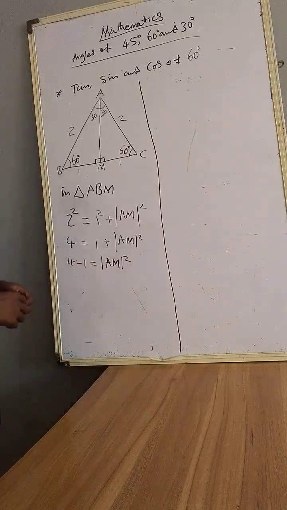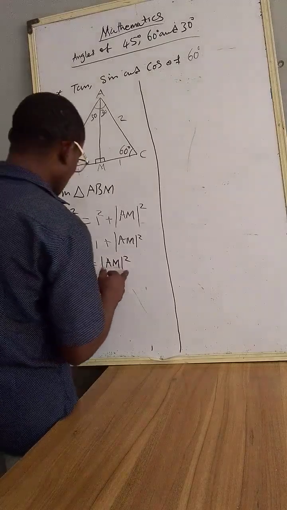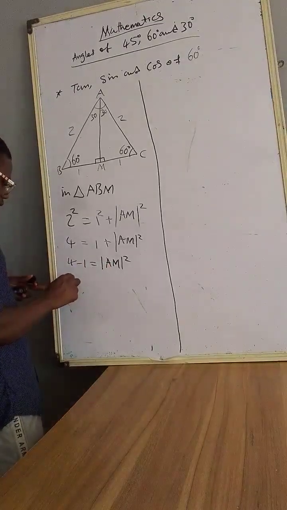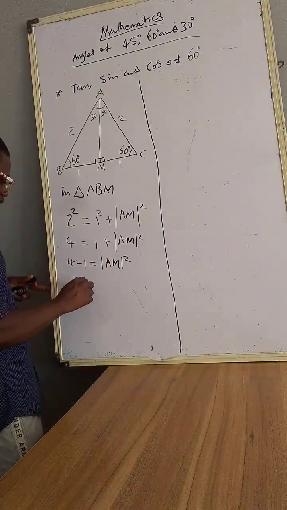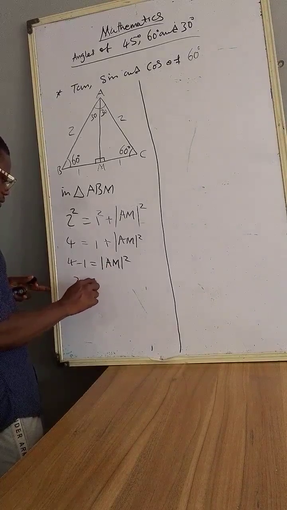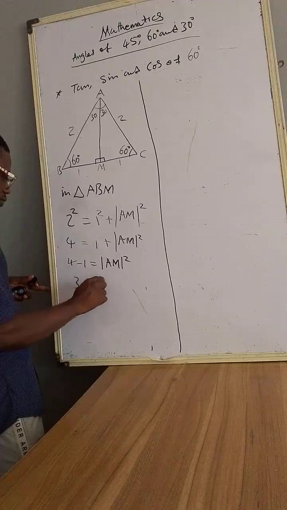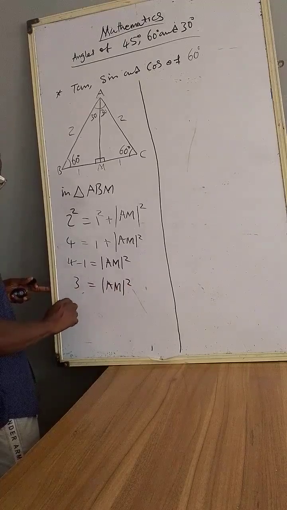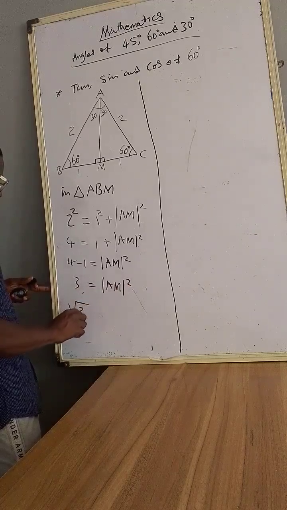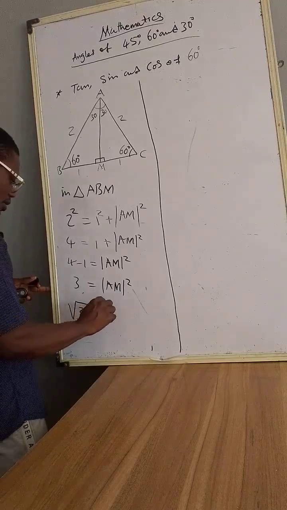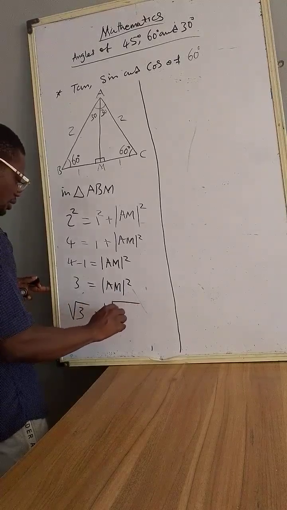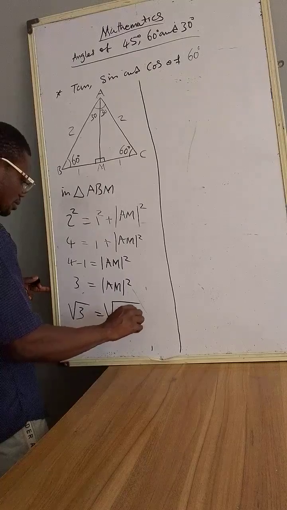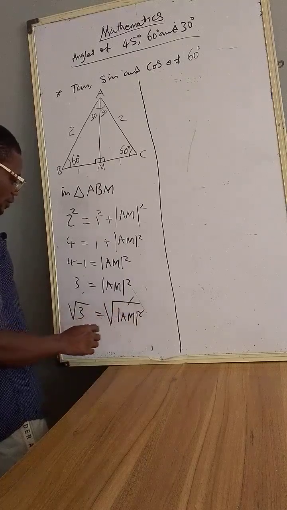The next thing is to take the square root of both sides. When you take the square root of both sides, because here will become 3, we still have EM squared, right? And taking the square root of both sides, this square will cancel this square.